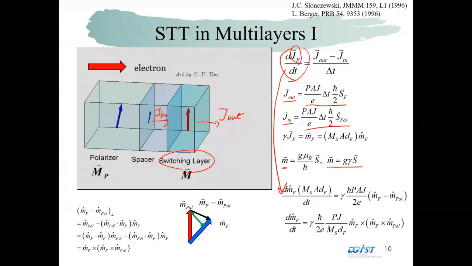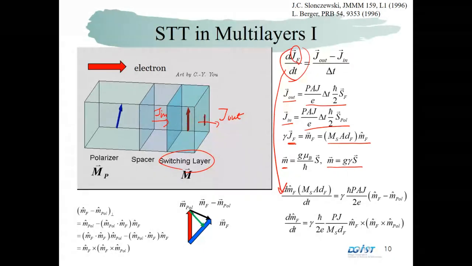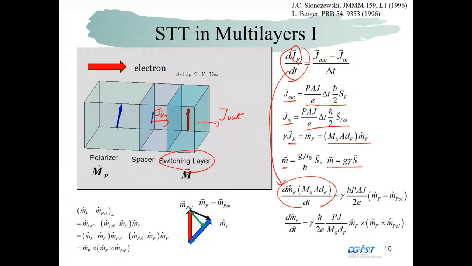Here J free layer is here, and we can write the left hand side with this relation. The right hand side, here we can use this relation.